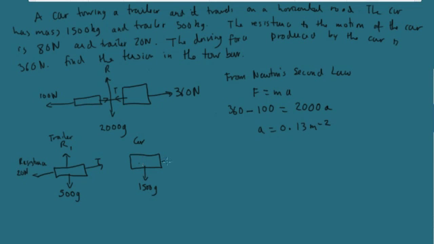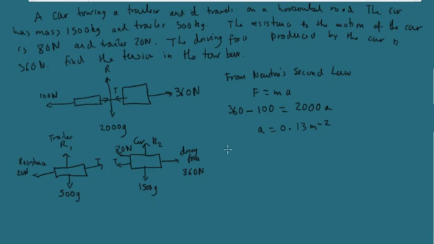It has the driving force of 360 newtons, and then there's a normal contact force, we'll call it R2 of the car. We have the tension T, and we have the resistance here of 80 newtons.